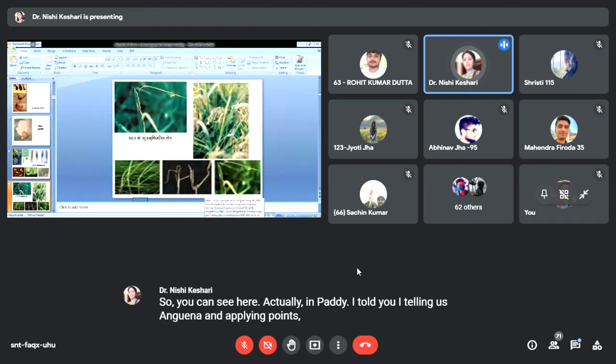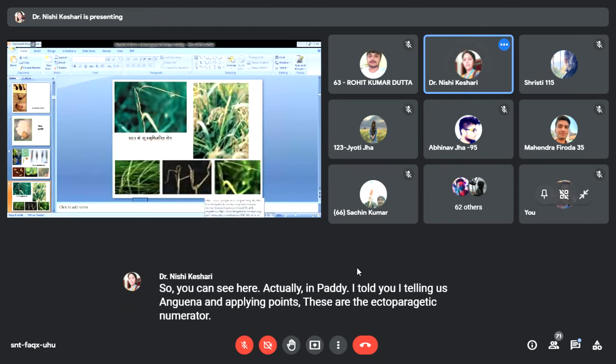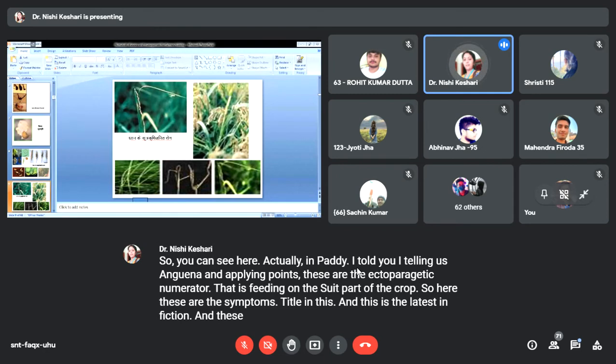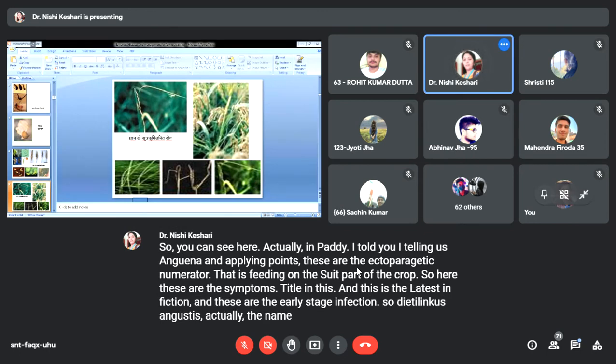These are the ectoparasitic nematodes that are feeding on the part of the crop. So here these are the symptoms of Ditylenchus, and this is the late stage infection, and these are the early stage infection.